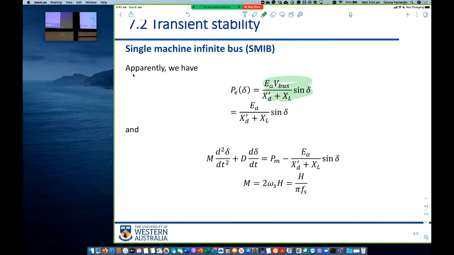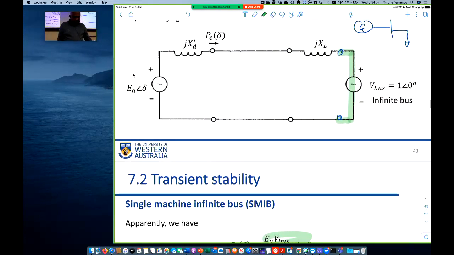It's EA, the magnitude of the voltage of the generator, multiplied by the magnitude of V bus, divided by the reactance, times sine delta, where delta is the angle of the generator voltage.